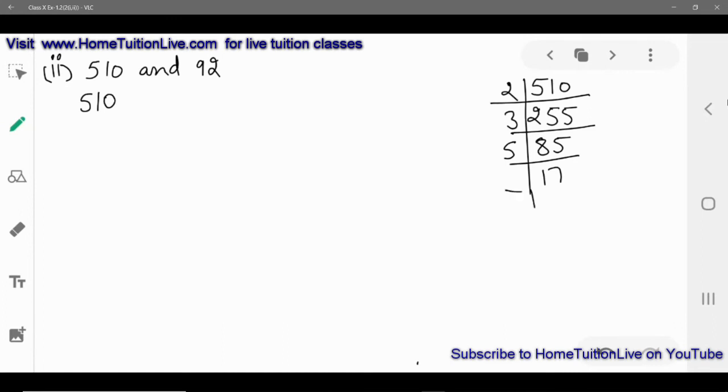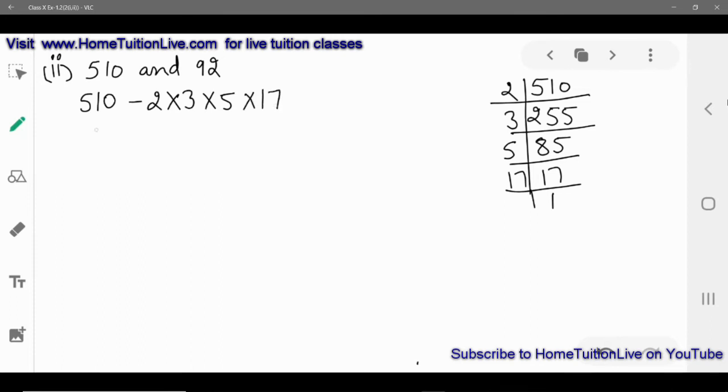Factors of 510: 2 into 255, 3 into 85, 5 into 17. 17 is a prime number. Now we will write it here as 2 into 3 into 5 into 17.